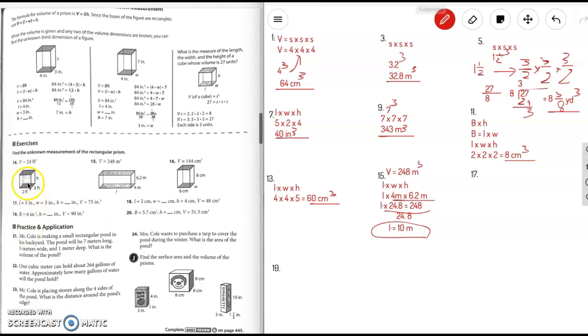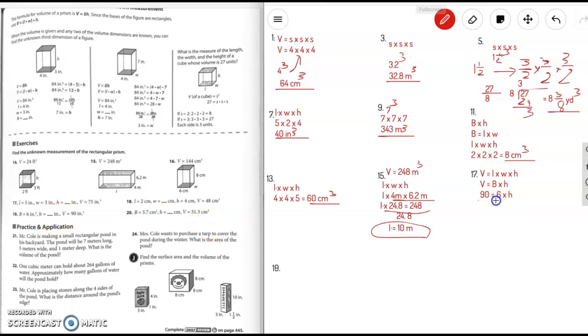Number 17. Okay, same thing except we don't have a picture. So remember the formula is V equals L times W times H, right? So V is 90 here. I see what they did here. So remember, the volume can also be base times height. Okay, so the volume is 90, the base is 6, and the height we don't know.